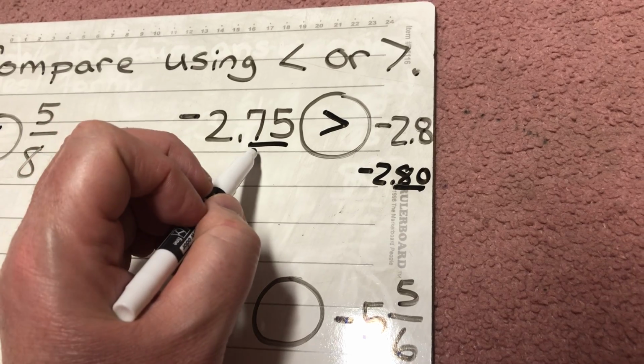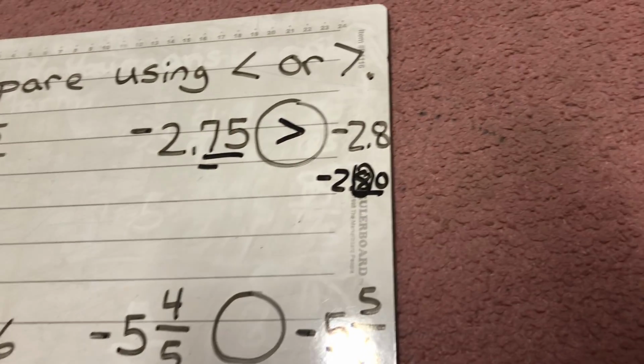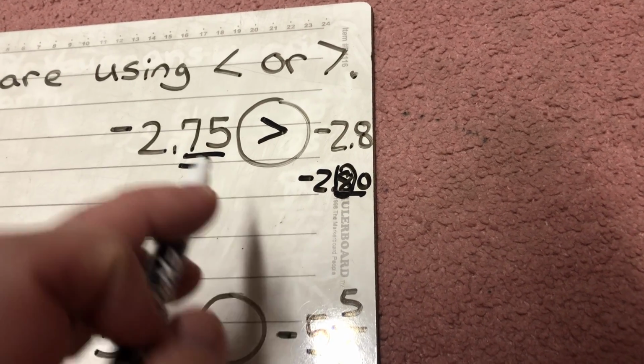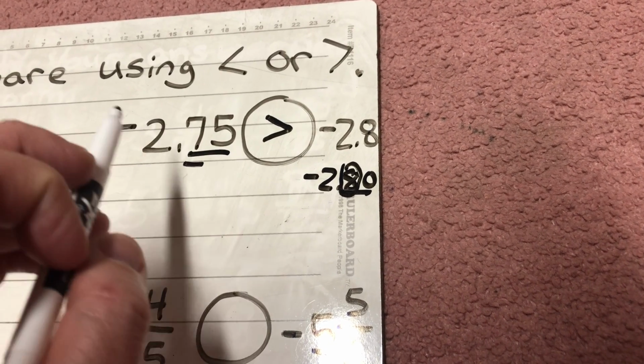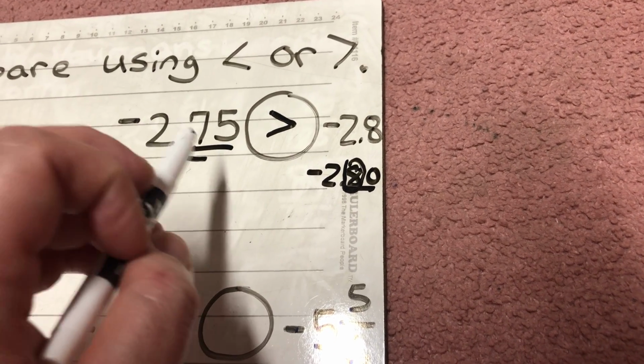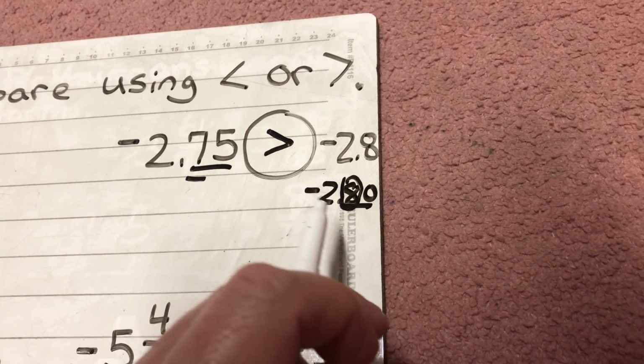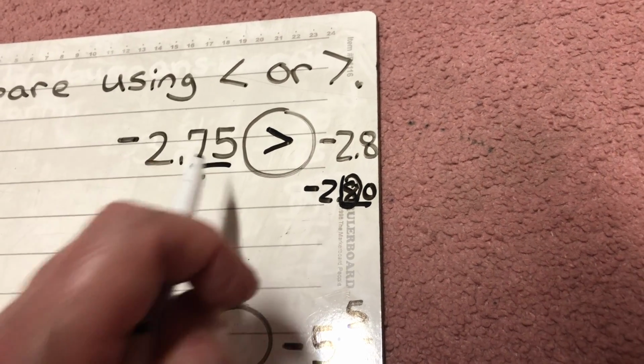The 2 is the same, but the 7 in the tenths place is smaller than the 8 in the tenths place there. Meaning this is a smaller digit, but since they're both negative, it actually becomes the bigger number. Where this would actually be a smaller number if they were positive, but since they're negative, this actually becomes the bigger number.